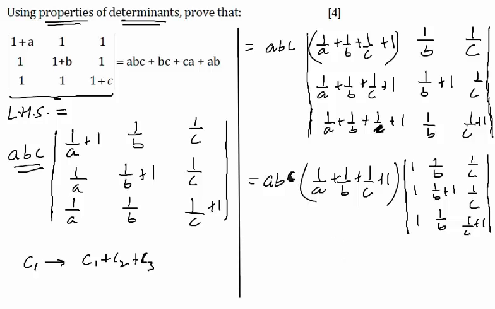Further, to simplify this, we can do one step. We can convert our row 2 and row 3 now. My row 2 goes to row 2 minus row 1, and row 3 goes to row 3 minus row 1. I am doing this transformation to make these values 0. Okay, so if we do this, what will happen? Initially, I have ABC into 1 upon A plus 1 upon B plus 1 upon C plus 1, which is already outside.